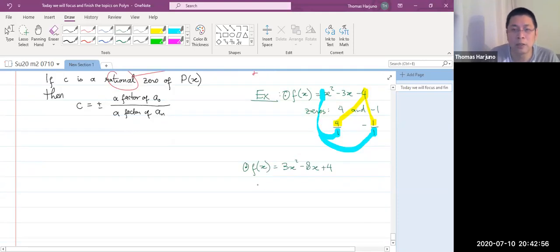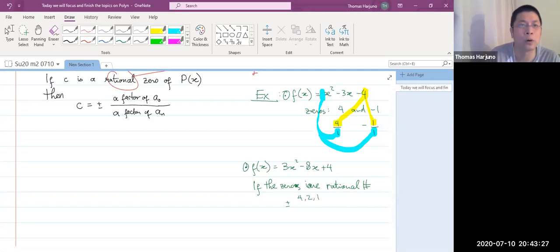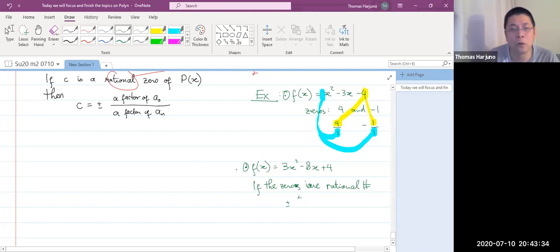If the zeros are rational, then they must be plus or minus a factor of 4, which is 1, 2 or 4, over a factor of 3, which is 1 or 3.